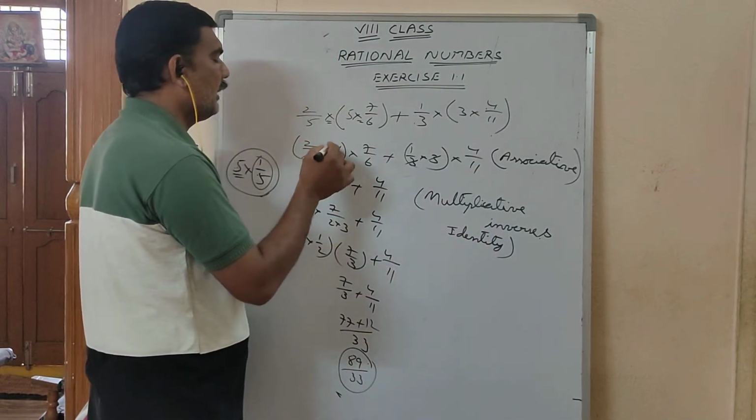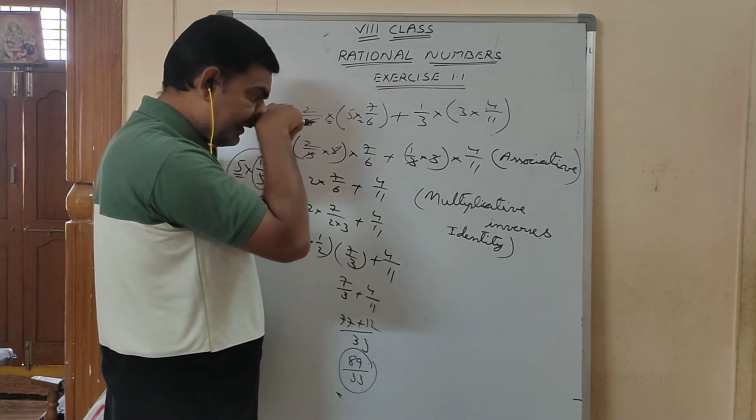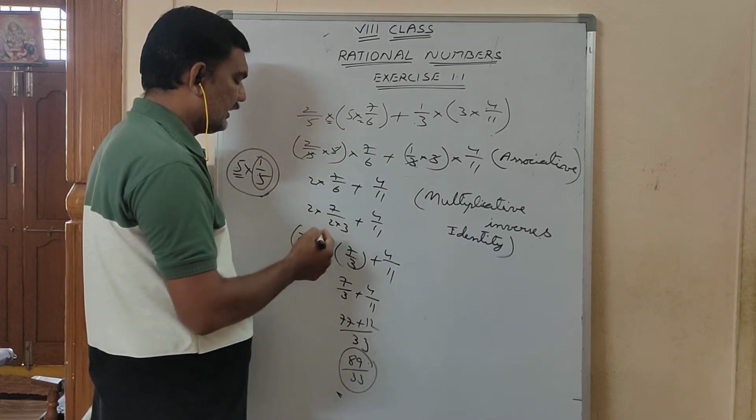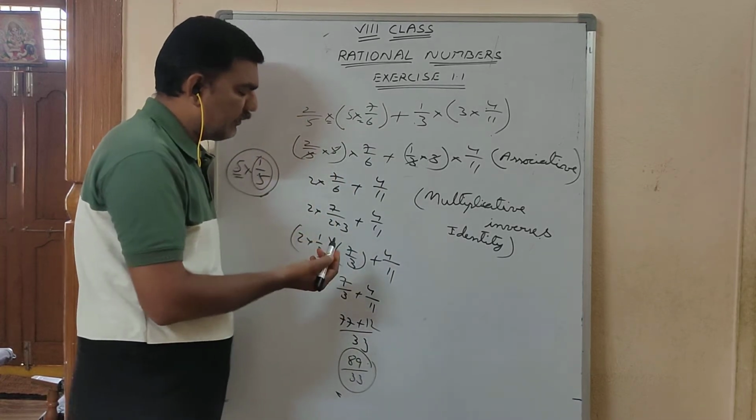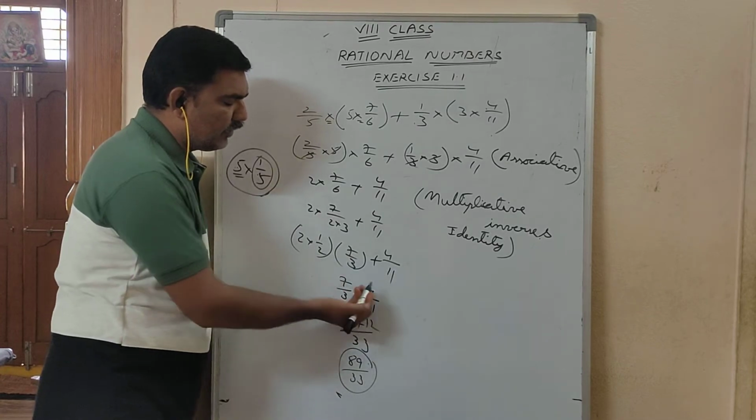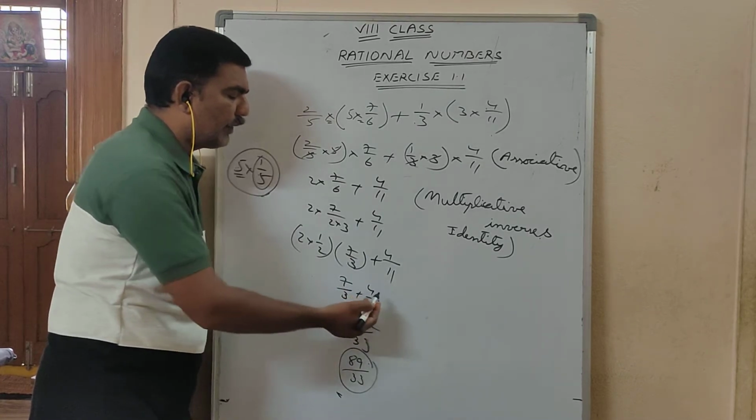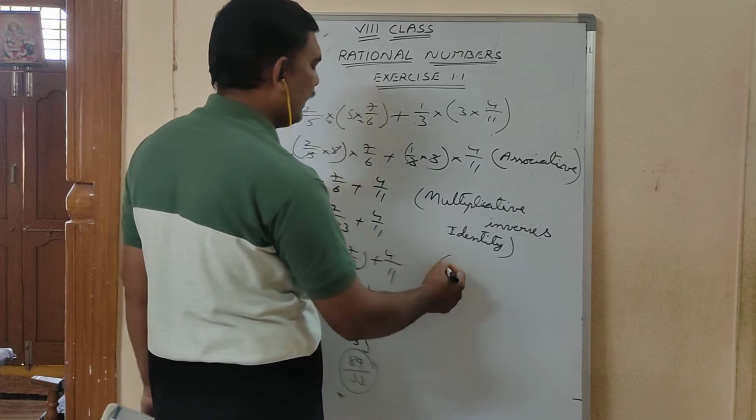Here multiplicative inverse and multiplicative identity, and here simplification cuttings. Again the same here, multiplicative identity and inverse. And a plus b is equal to b plus a. You can write closure property here. For all you can write closure property.